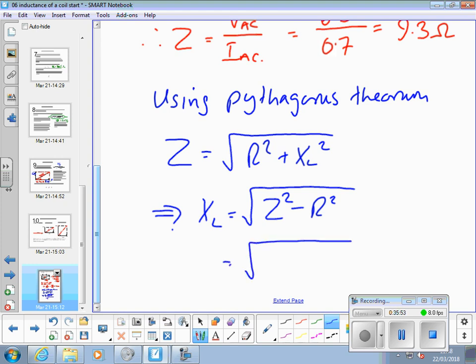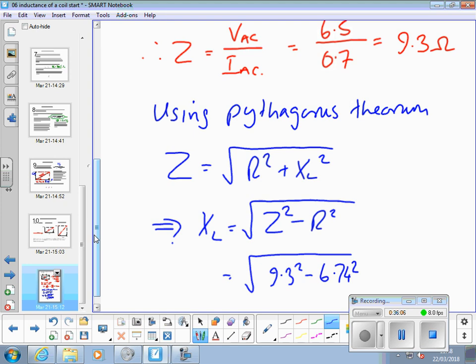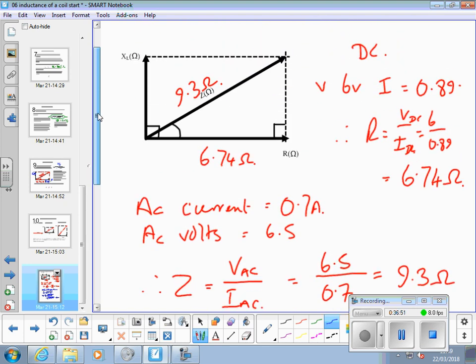That is the square root of 9.3 squared minus 6.7 squared. So this is 6.4.